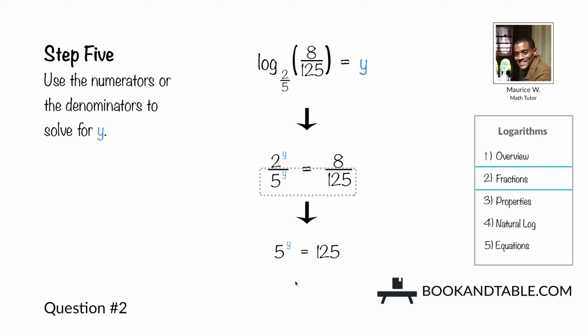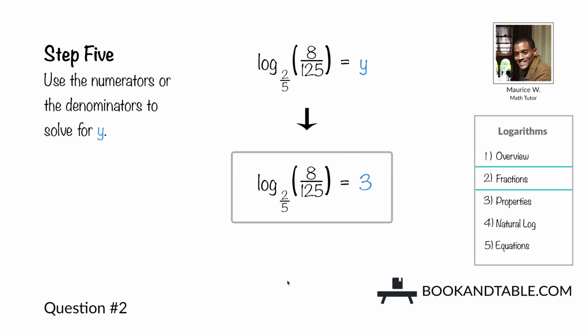Or if you chose to use the denominator instead, you got 5 to a power of y is equal to 125, showing us 5 times 5 times 5 is equal to 125, which means y is equal to 3. So in both cases, we have to multiply the base 3 times, letting us know y is 3. So the answer to question number 2 is log of base 2/5 of 8 over 125 is equal to 3.